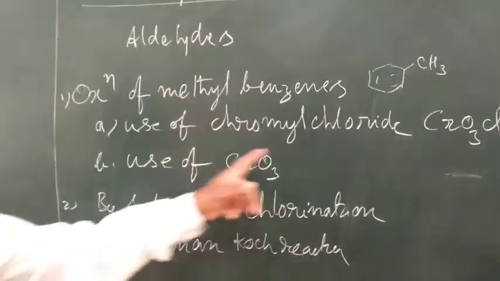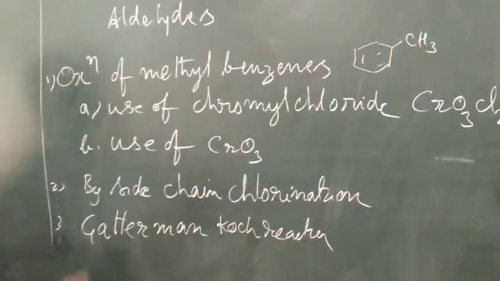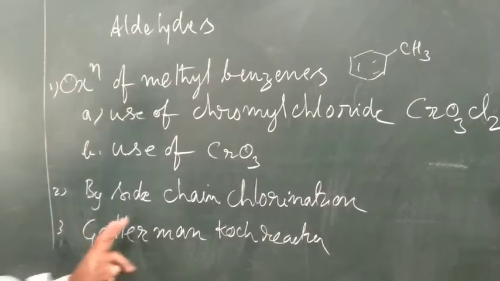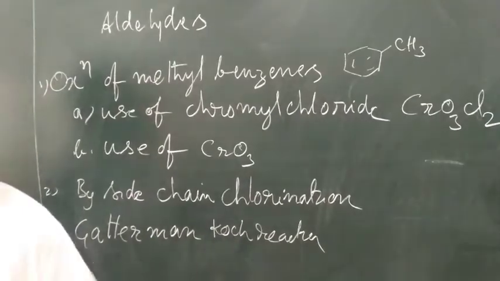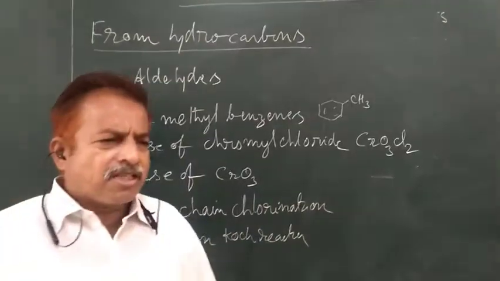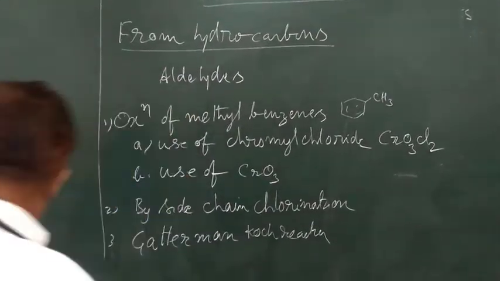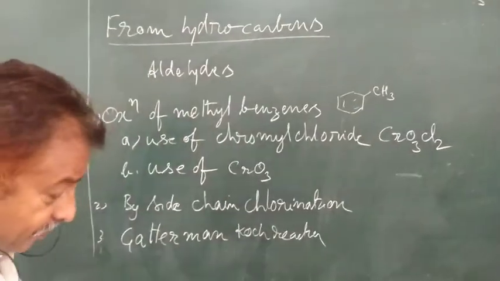One is by use of chromyl chloride, CrO2Cl2, and the other one is use of chromium oxide. The second method is side-chain chlorination, and the third one is the Gattermann-Koch reaction. Now let us discuss the preparations right from the beginning, that is Rosenmund's reaction.